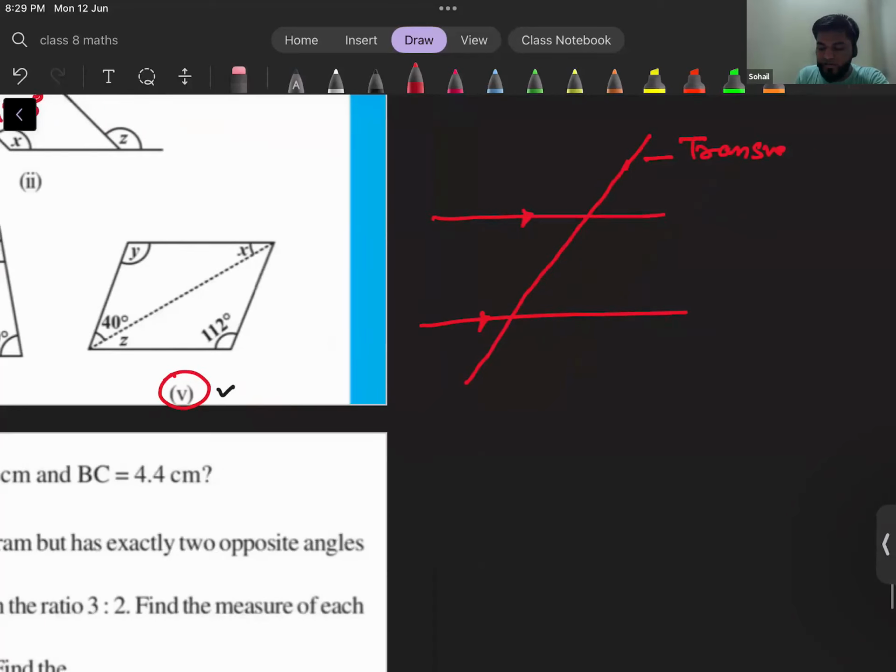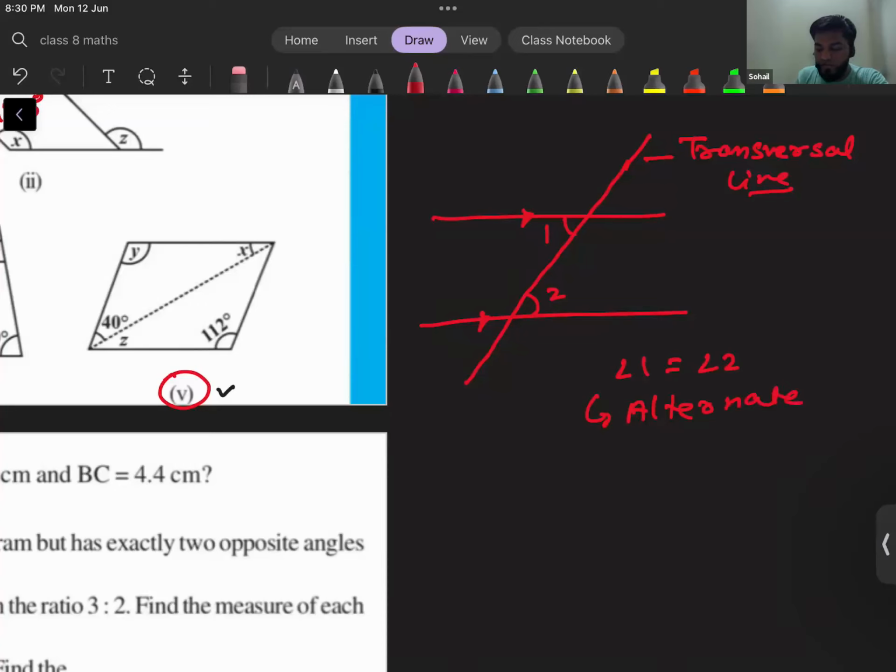You know transversal line? When a line cuts across two parallel lines, that is called a transversal line. So here these two angles are going to be equal. Angle 1 is equal to angle 2, and they are called alternate interior angles, right guys?